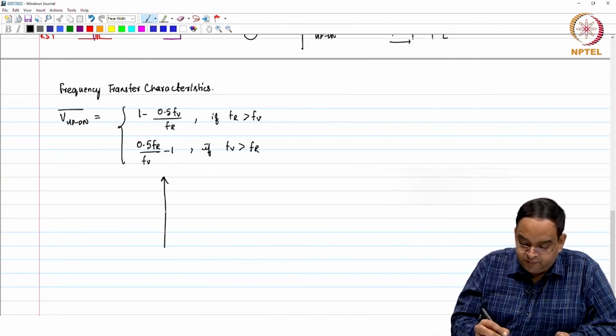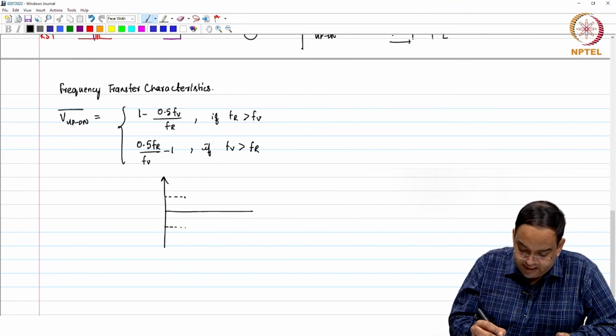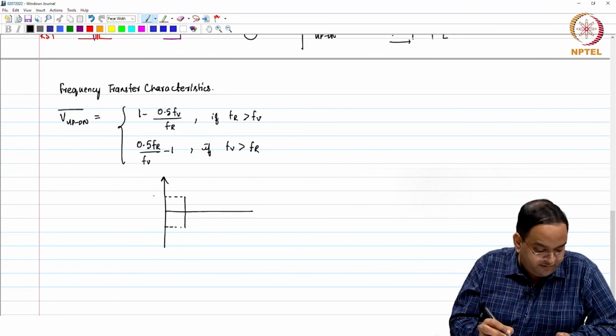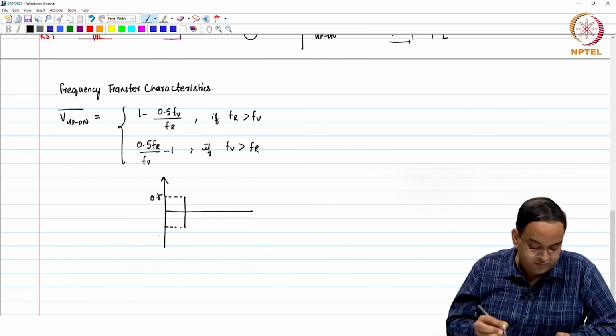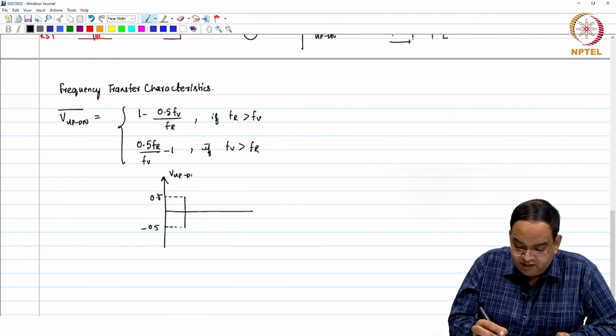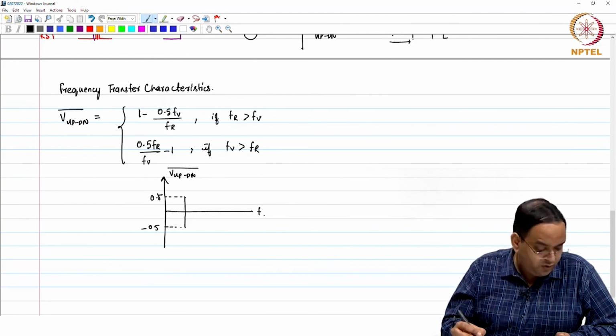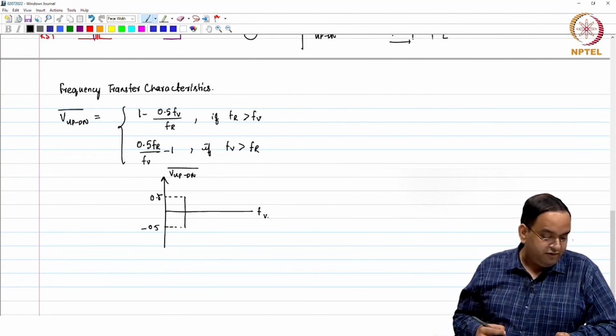So, if I just plot this, what you will see is when there is no frequency error, the value is actually 0.5. So, what I am plotting here is V of up minus down average with respect to the frequency, the Fv here.